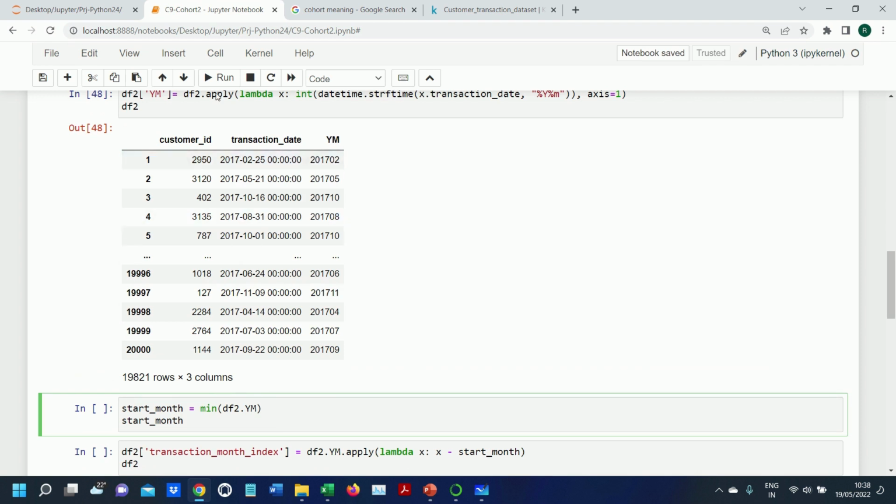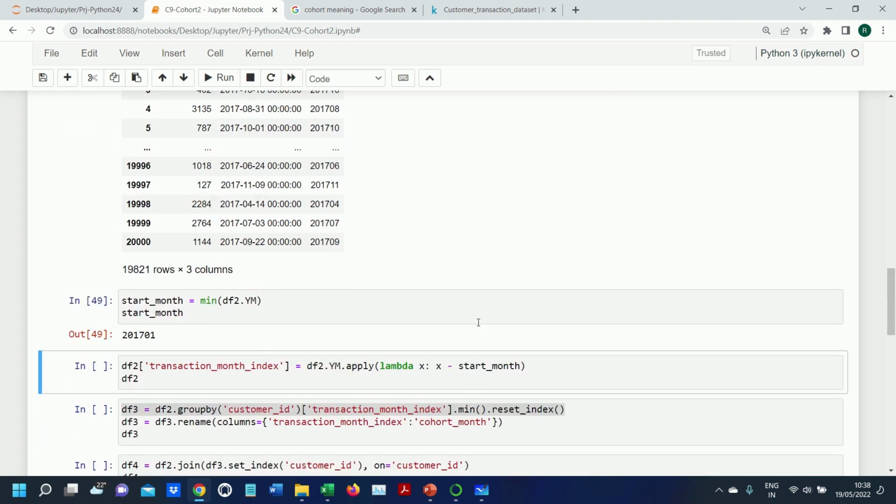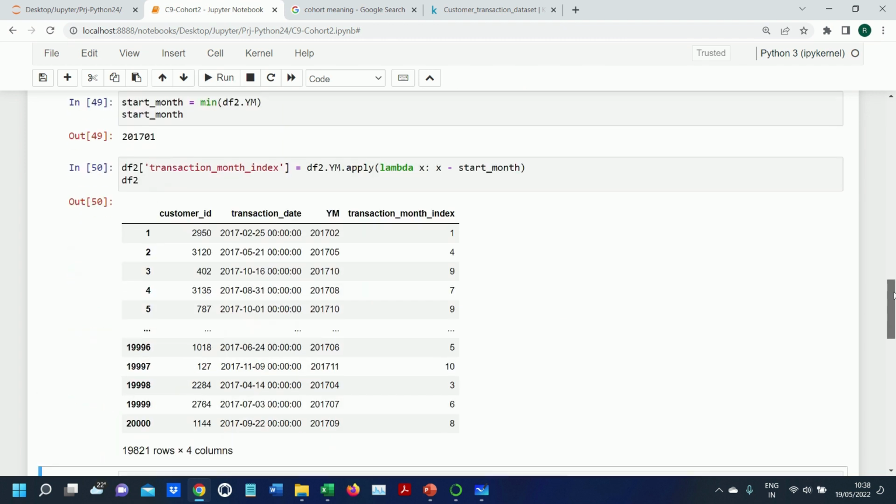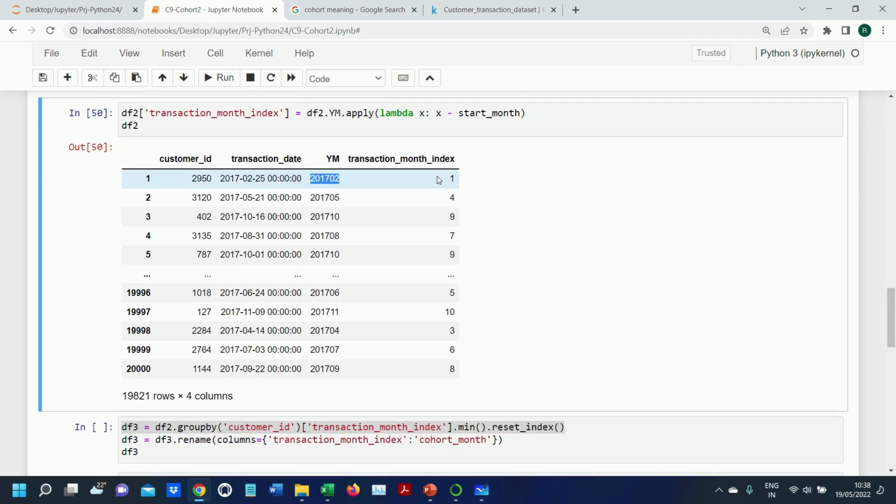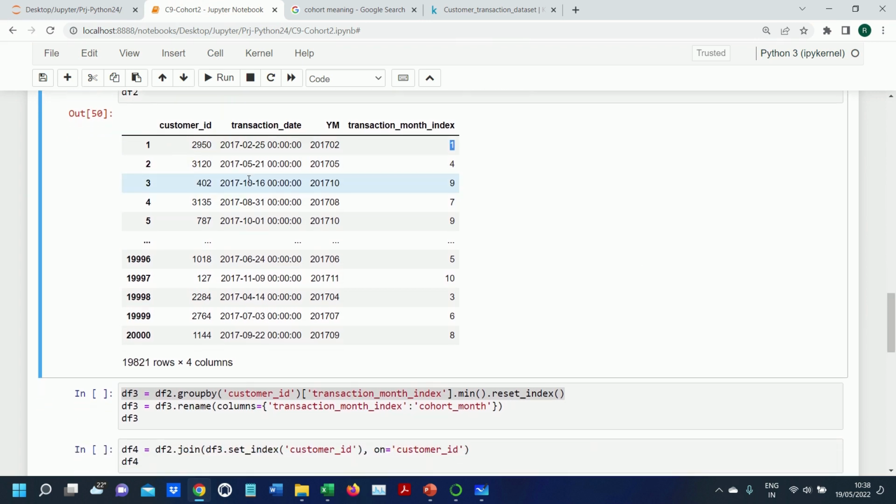The start month in this data set is 2017-01, and I'm just indexing the months: 01 means 0, 02 means 1, 05 means 4, and 2017-10 is the 9th month of this data set. So all these transactions are now represented as the customer ID and the month index when this customer made the transaction.